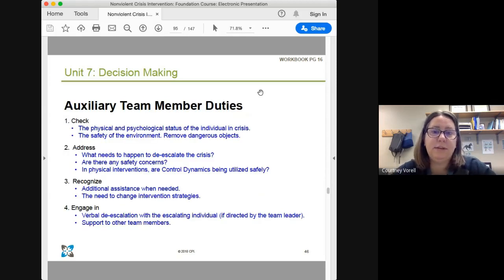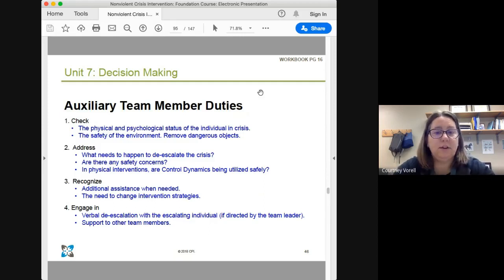As auxiliary team members, you're going to do a lot of things. You're going to make sure that the status of the individual physically and psychologically is okay, so you're going to be observing them. You're going to make sure that the environment is safe. You may need to move objects out of the way in order to maintain that safety.